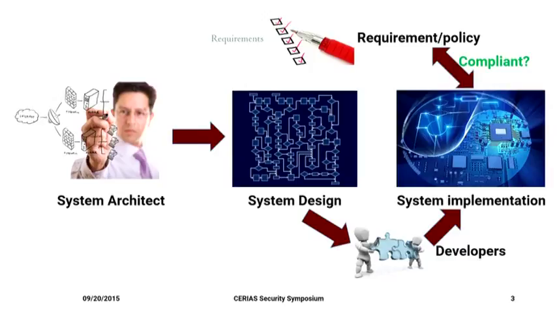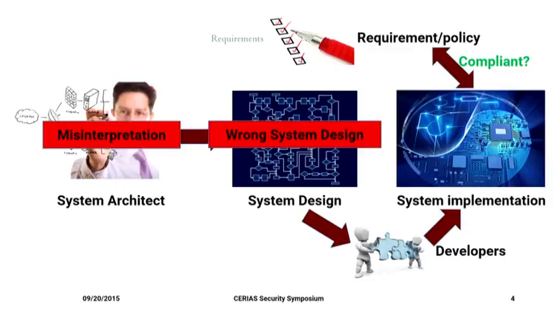Now, what are the possible reasons why a system implementation is not compliant with the policy? There could be several reasons, actually. One possibility is that the person responsible for designing the system misinterpreted some of the requirements, or provided a wrong system design.